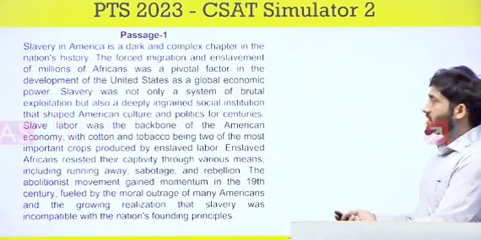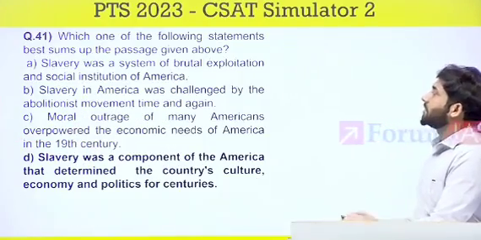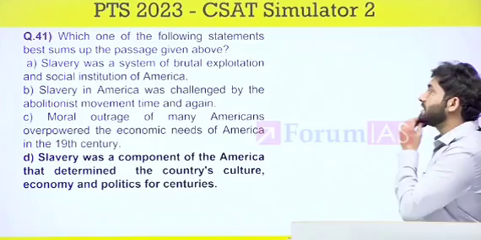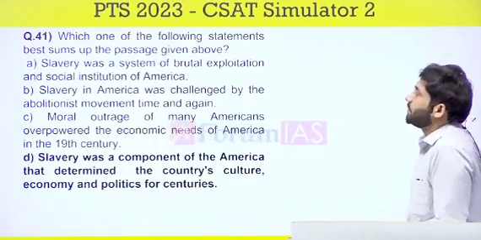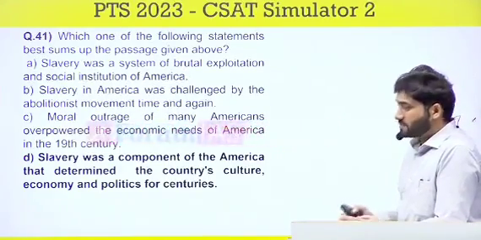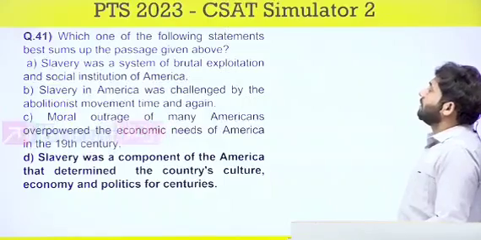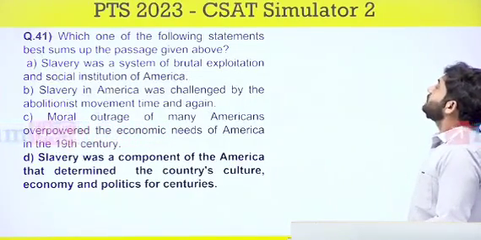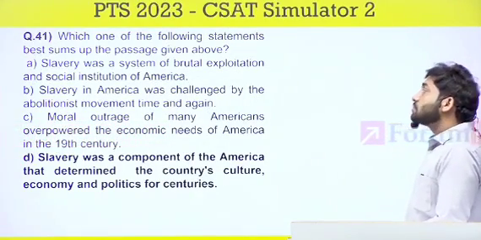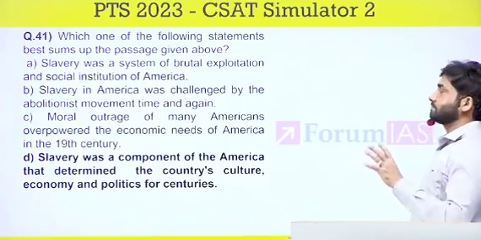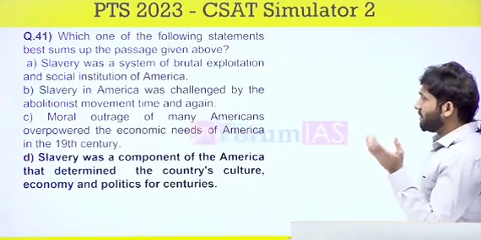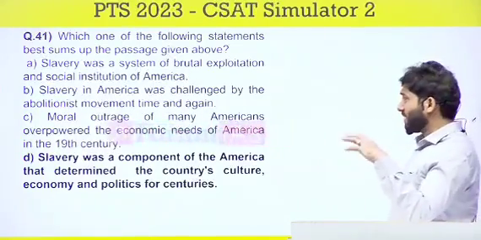So we got the context. Now let's see the question. Which one of the following statements best sums up the passage given above? Again, the crux. A, slavery was a system of brutal exploitation and social institution of America. It is mentioned, but that is not explaining everything.